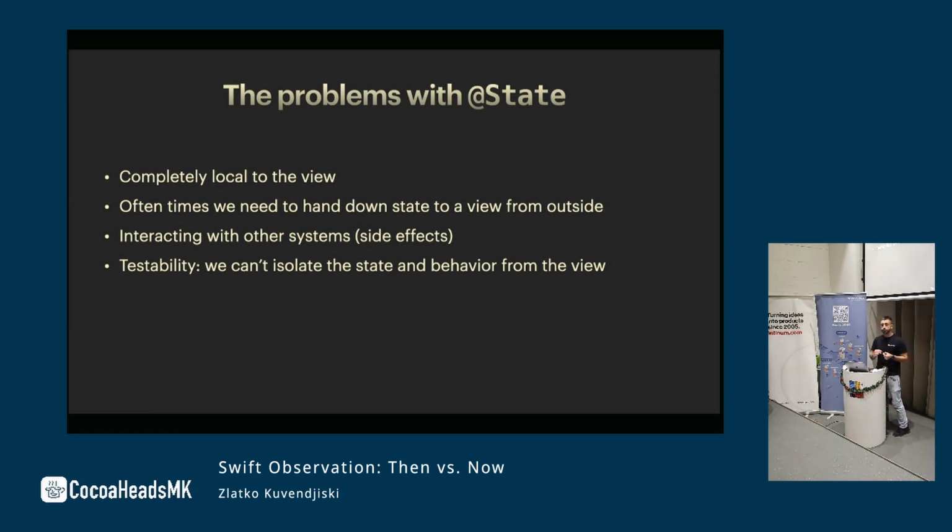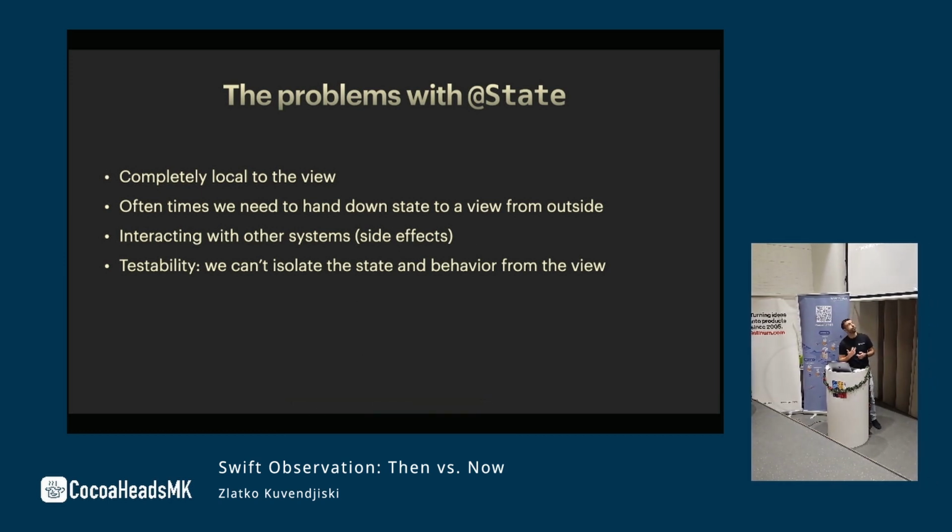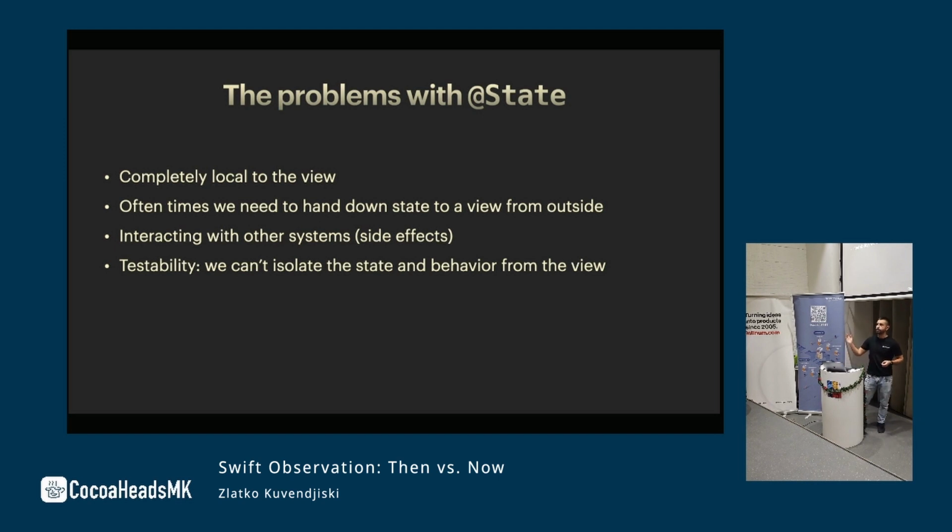Also, using @State as a property wrapper is good for something like, let's say, in a button, you want to keep a state of whether the view is pressed or not, whether the view is deactivated or not. But if you want something to be sent from outside, you can't use this property wrapper. And if you want to fire a side effect, like a network call or anything like that, it's not going to work with this solution.